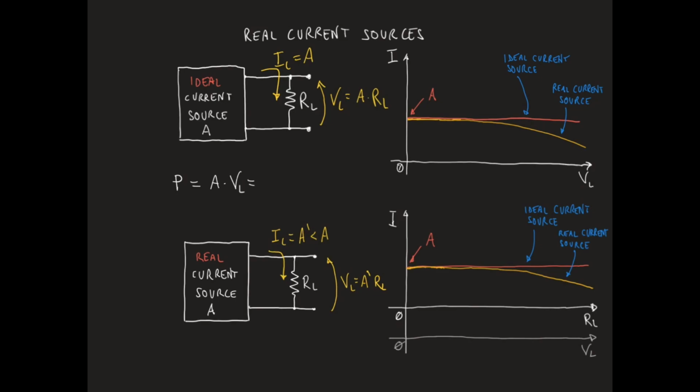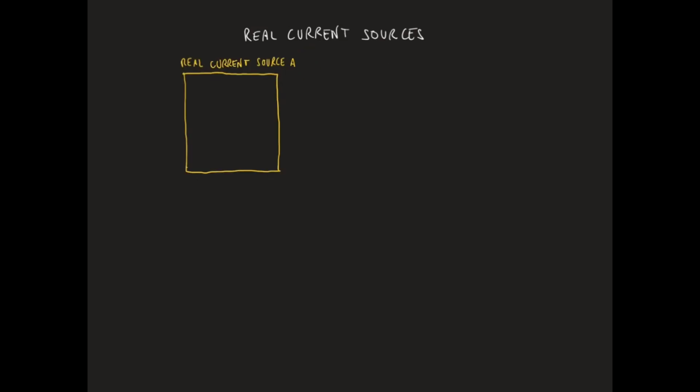The same power can be expressed in the case of the power dissipation in a resistor as A squared times RL, which of course goes to infinity if A is constant and RL goes to infinity. In general, a real current source is represented by means of an ideal current source in parallel with a resistor.